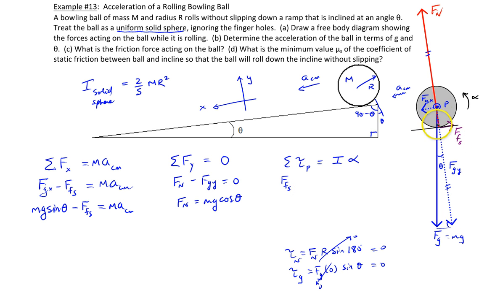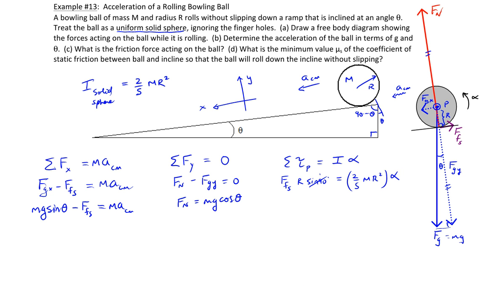It's going to be multiplied by this distance, which is r, the radius. And the angle that it's acting at is 90. So you can put in sine 90, but sine 90 is, guess what? 1. And that's equal to I of a solid sphere, which is 2/5 mr squared multiplied by the angular acceleration.